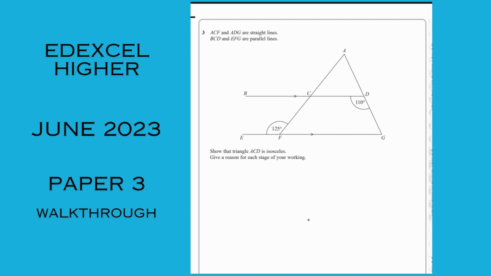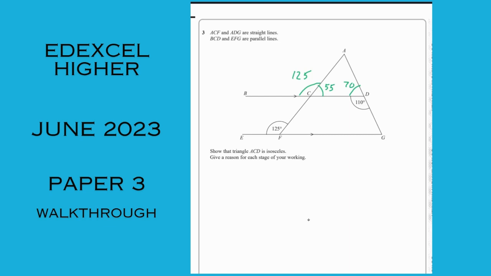First of all, if that's 110, you've got a 70 inside because the straight line makes 180. If that's 125, so's that, because corresponding angles are equal.